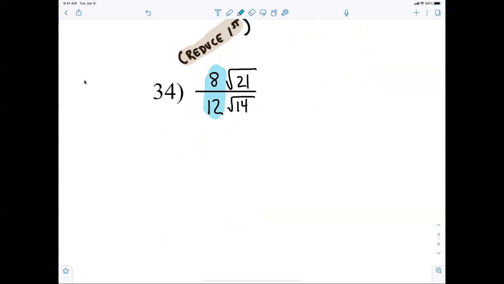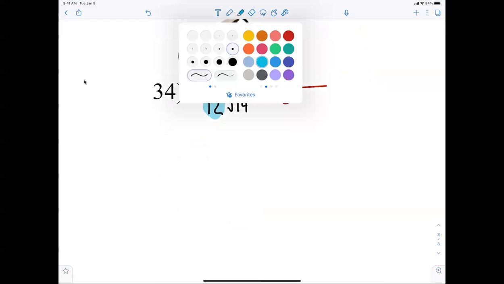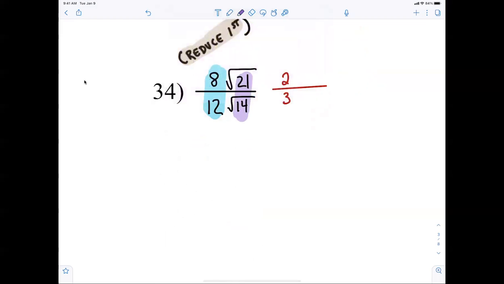So 8 and 12 reduces to what? 2 and 3. Exactly. 21 and 14, so it's going to be square root of 3 over the square root of 2. So now what do I need to do? Multiply top and bottom by radical 2, which gives me 2 radical 6 over 3 radical 4, over what? 6.